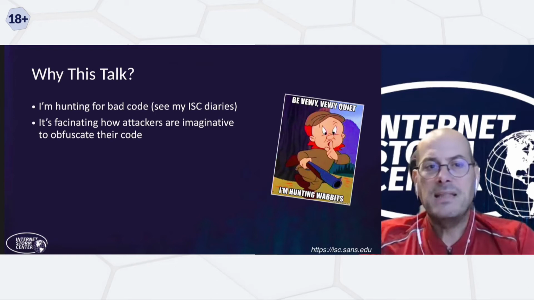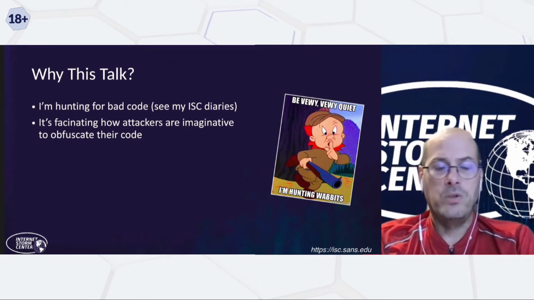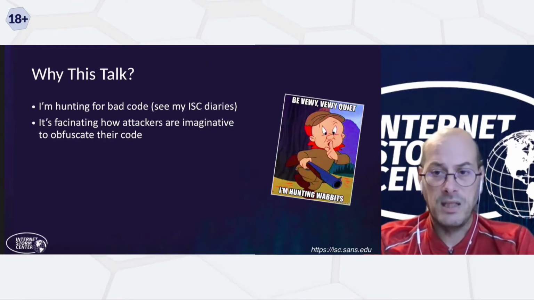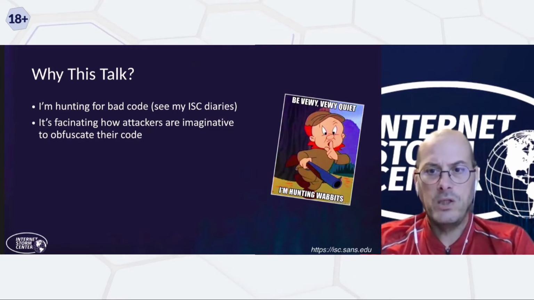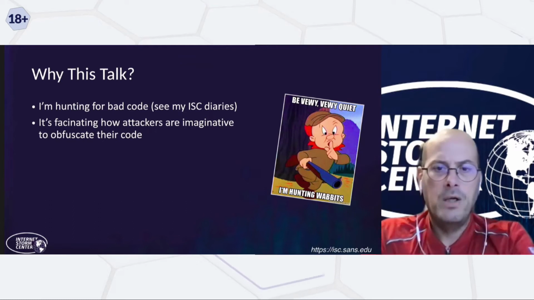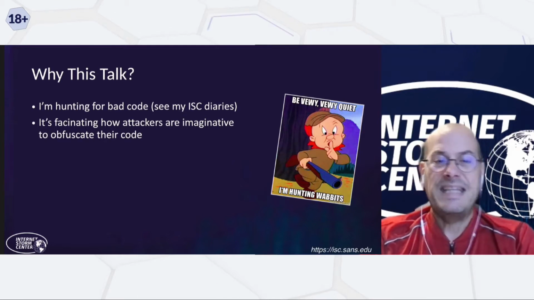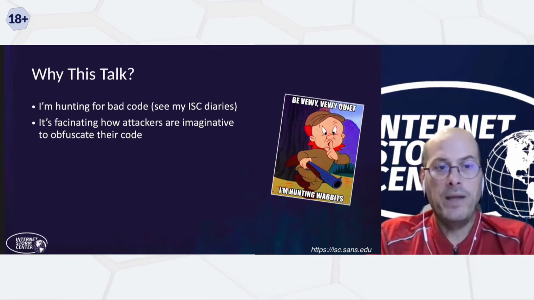The idea behind this talk came from my research at the Internet Storm Center. If you follow my diaries, I try to hunt for bad code. I try to hunt interesting pieces of malicious code to dissect them, investigate them, and share what I learn about them with the community. Most of the time, it's really fascinating how imaginative attackers can be when they have to obfuscate the code.